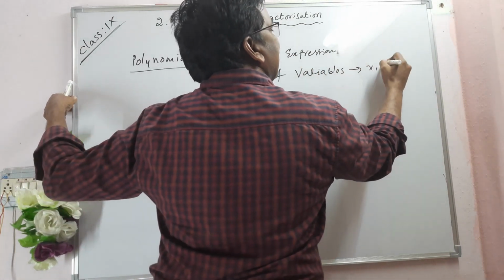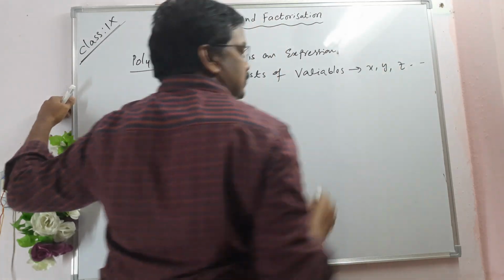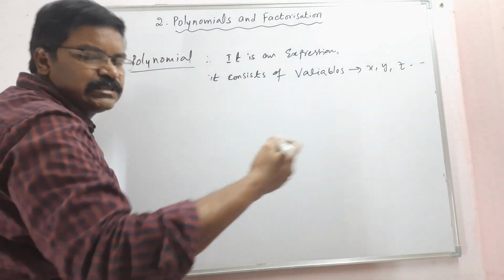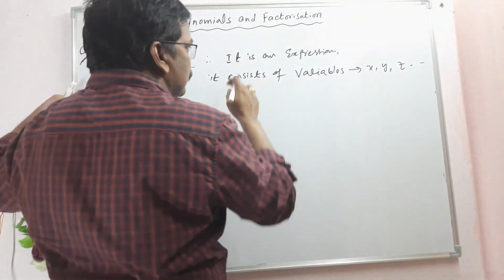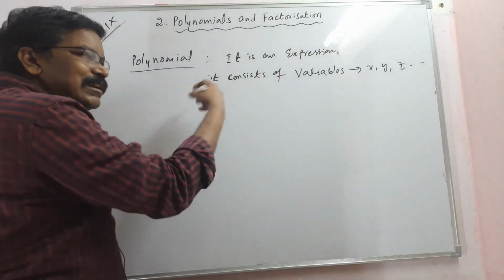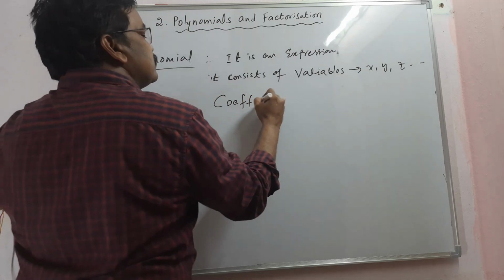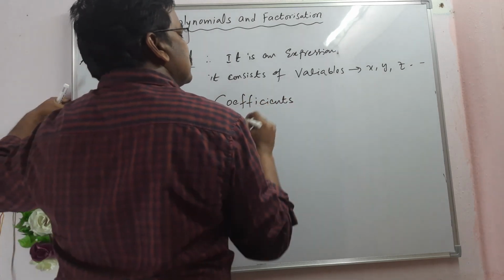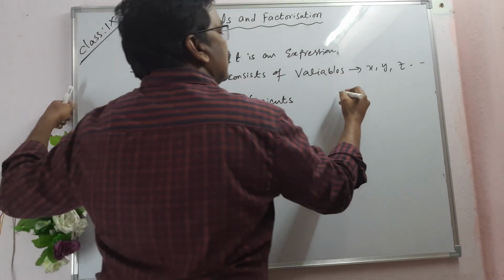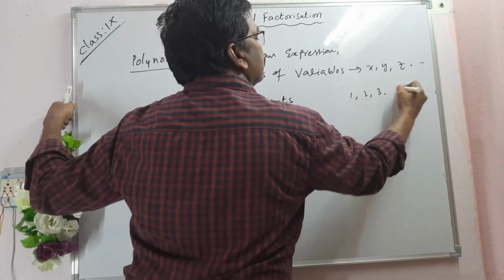Variables means x, y, z, like that, or a, b, c, or p, q, r, like that. It consists of variables and coefficients, means like 1, 2, 3, and so on.